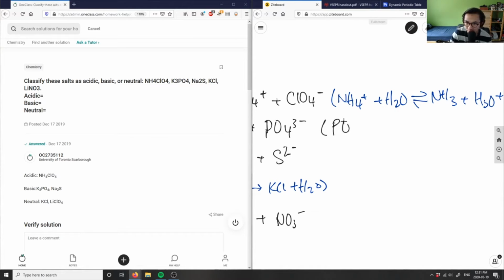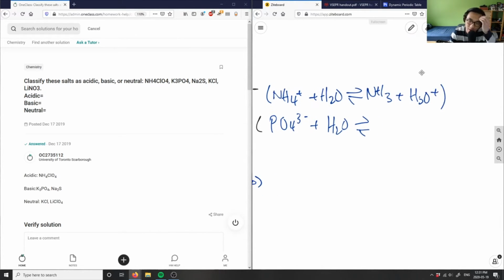So I have PO4 3 minus going to react with water to form, or actually I should have done this in blue. PO4 3 minus plus H2O will get me, and I have here, this would be a phosphoric acid, right?